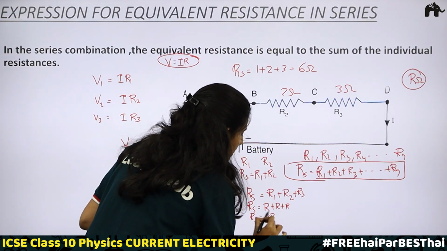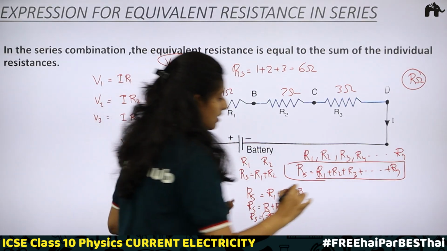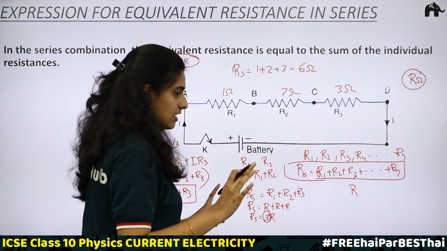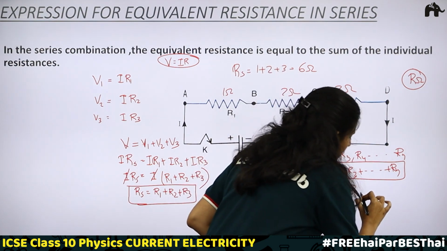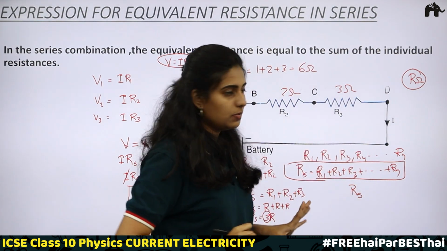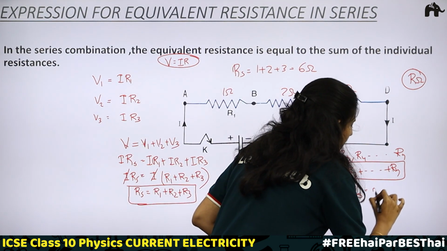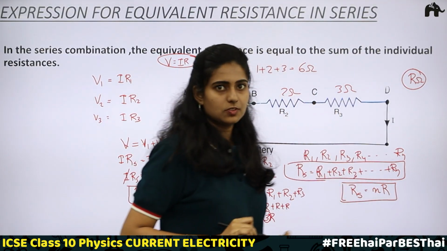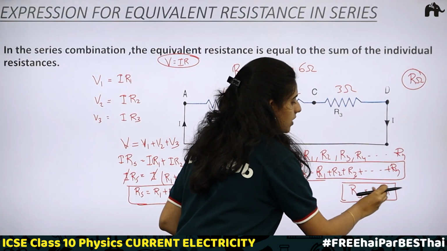What is 3? 3 is the number of resistors. Therefore, if you have n number of resistors of equal resistance, the effective resistance in series combination will be equal to n times the resistance of each resistor. Rs is equal to n into R.